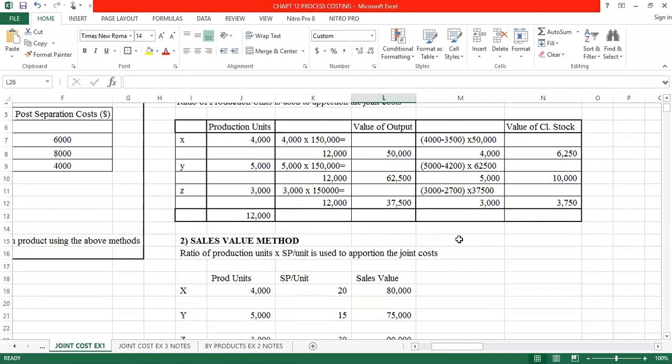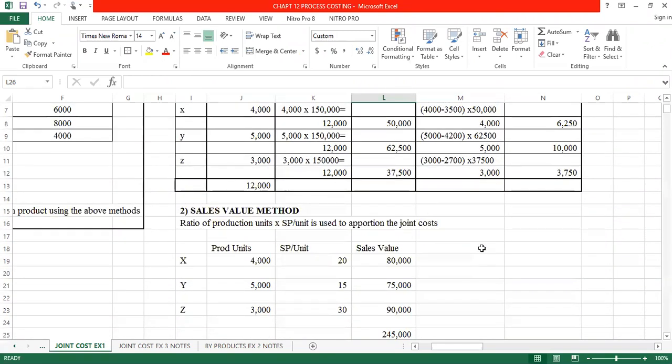Now we get the value of output, and then here we will get the value of closing inventory, or let me call it closing stock. Whichever word is used, you can always use any of the words. So what is our value of output?